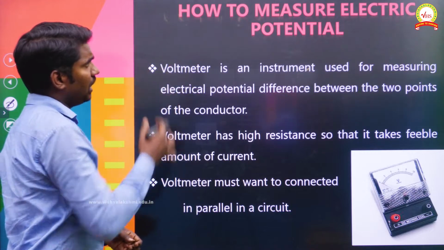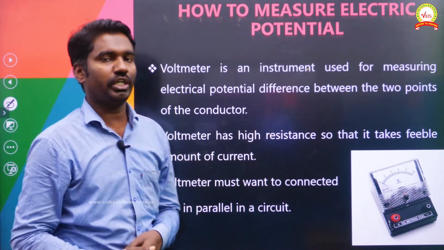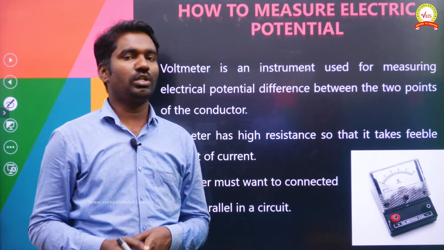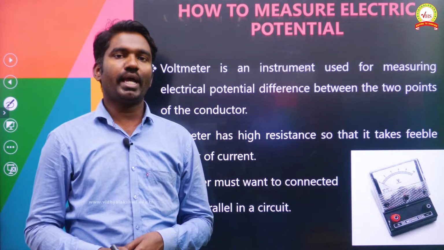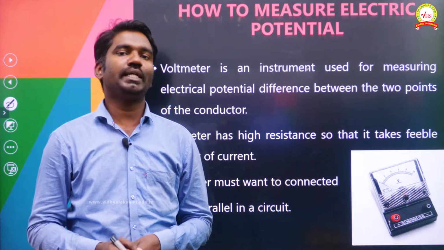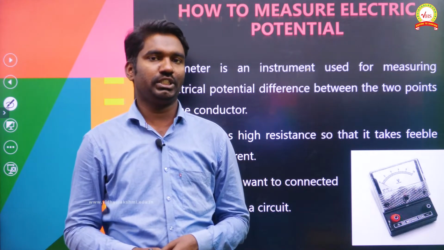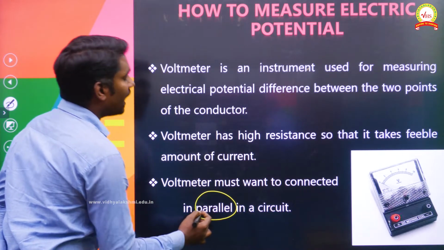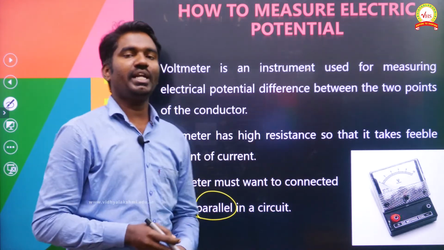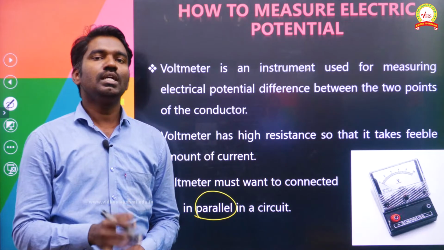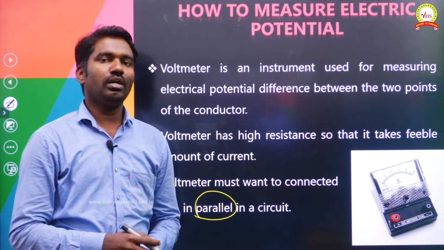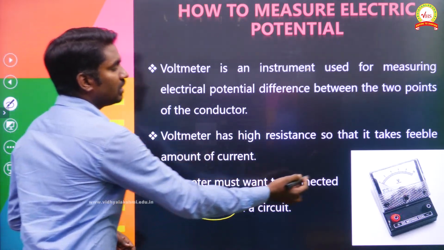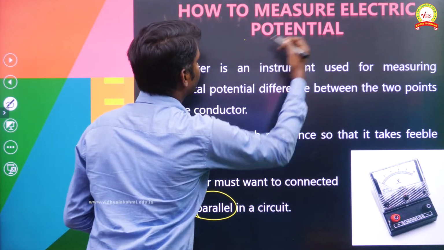Last, how can we measure the electric potential? By using what type of device can we measure it? By using the device called the voltmeter. The voltmeter is a device which is used to measure the electric potential. The voltmeter must always be connected in parallel in a circuit. In the case of the ammeter, we said that it must be connected in series, whereas a voltmeter must be connected in parallel. Why do we use the voltmeter to measure the electric potential?